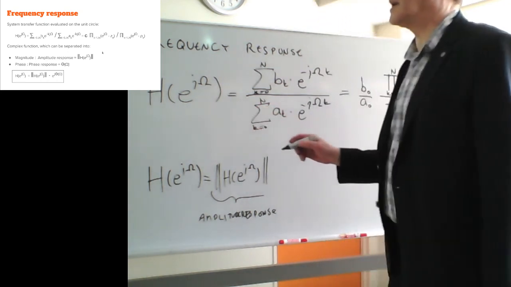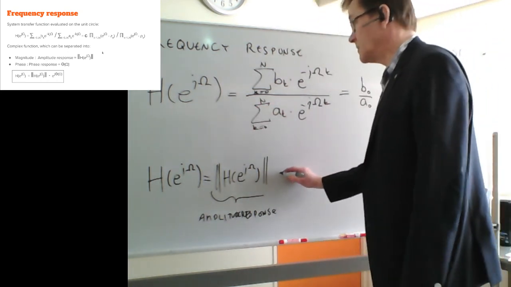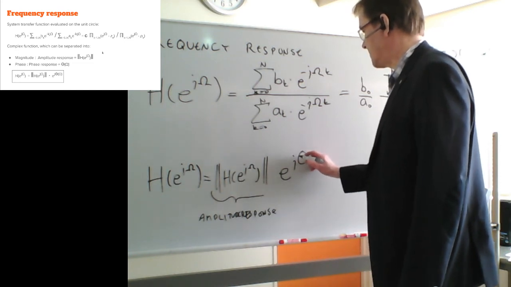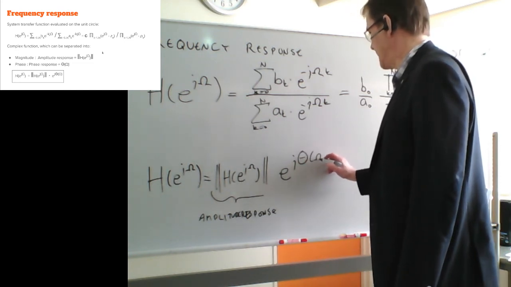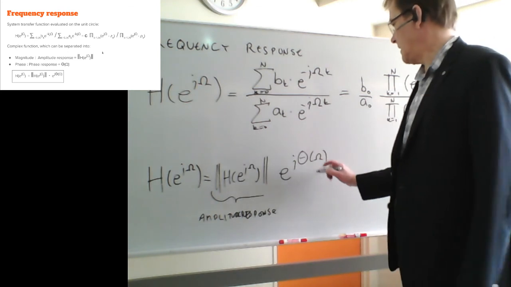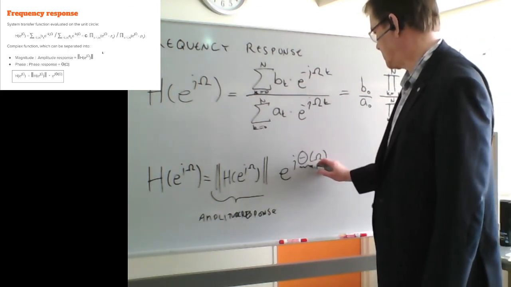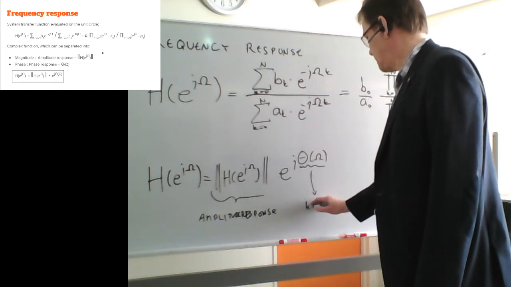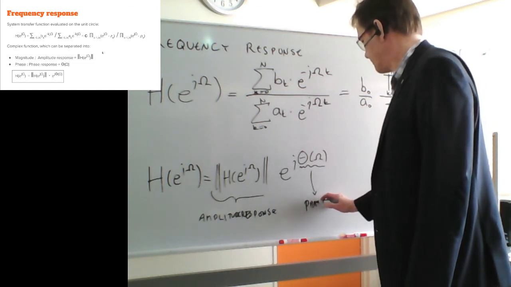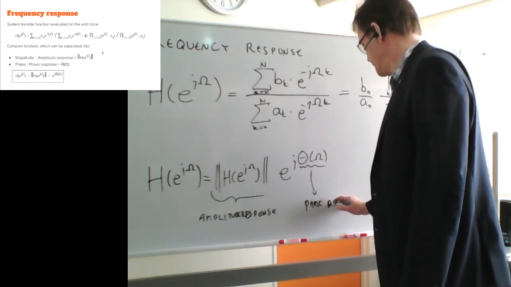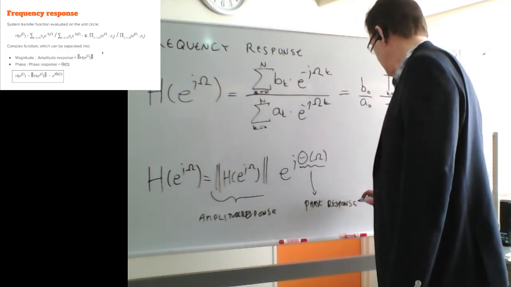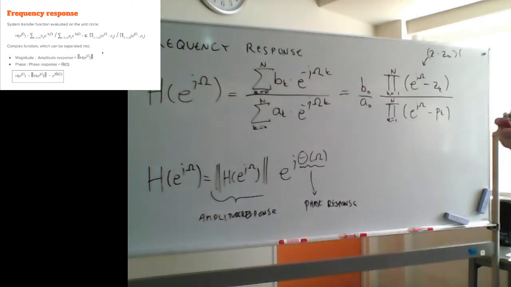And the other one is the phase response, so you have e to the j theta of omega. That part here is the phase response. Okay, magnitude and phase.